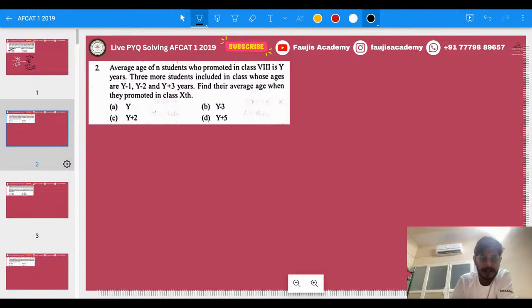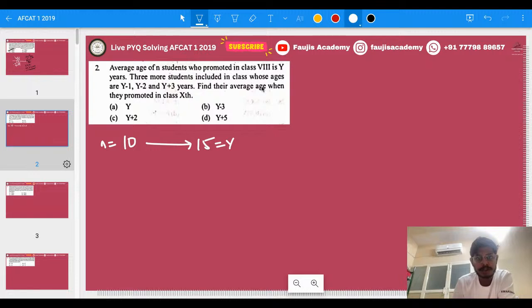So the question says the average age of n students who are promoted to class 8 is y. Can we simply assume the average age of 10 students being promoted to class 8th is 15? So in that case, n will be 10 and y will be 15.